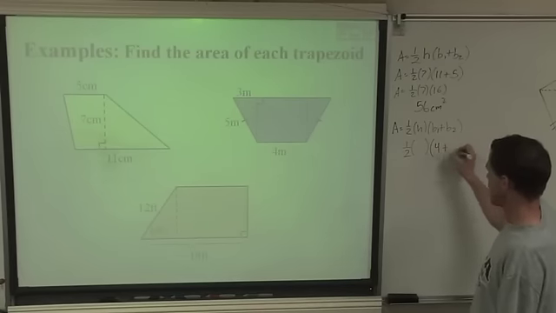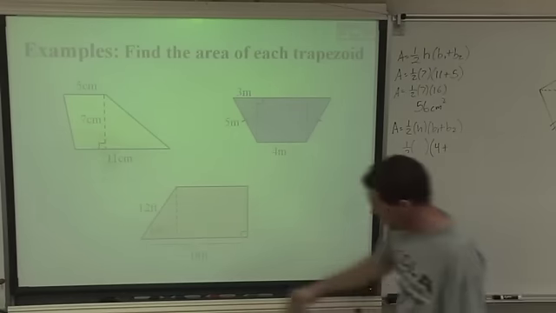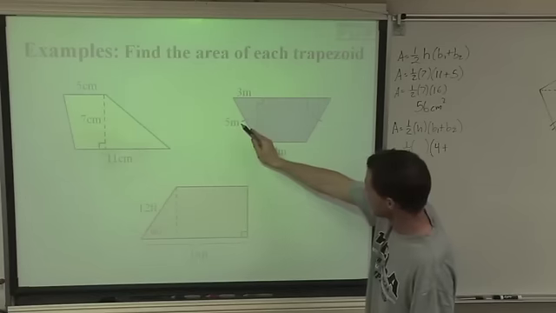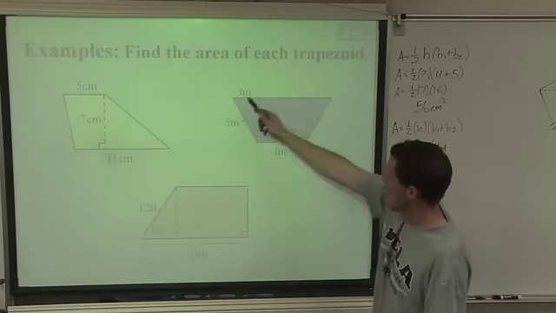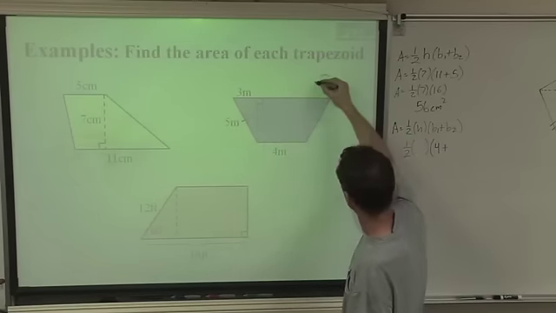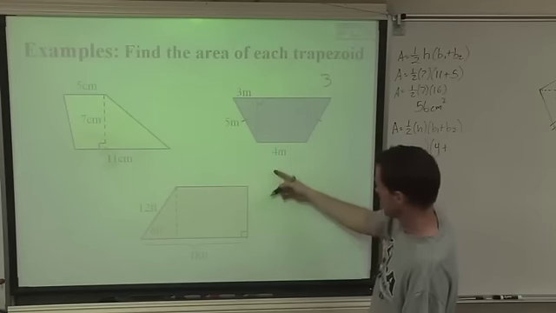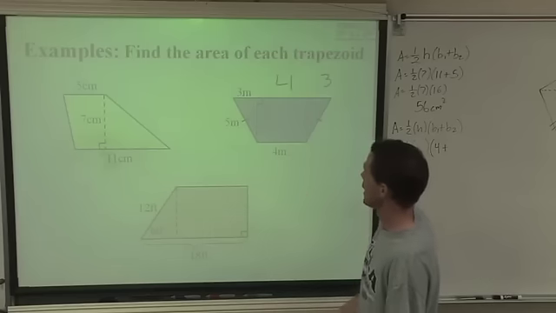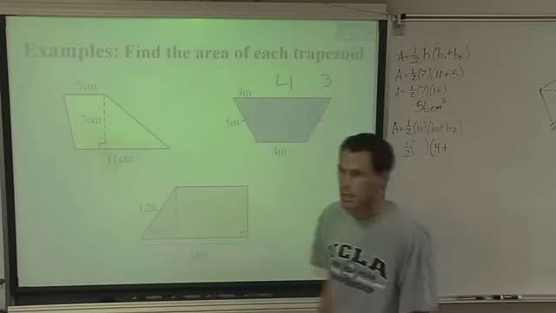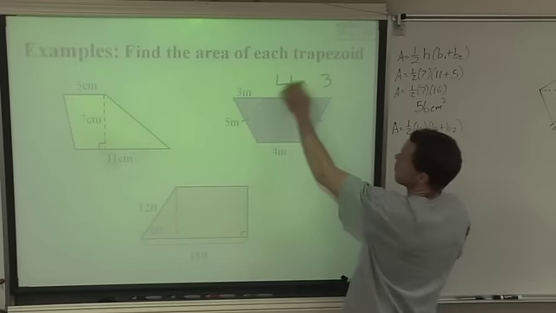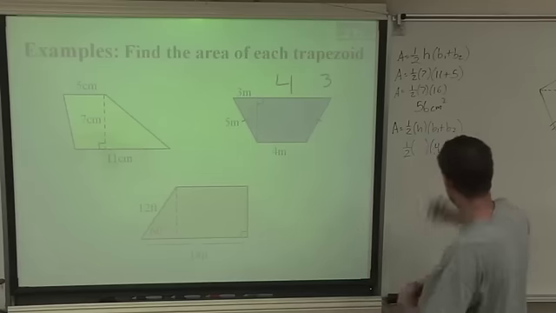And I don't really have a B2, except that I do know that this is isosceles, so if that's 3, there's probably a 3 over here as well. And this is 4, so there's a 4 right there. So now my base is 3 plus 4 plus 3, so 10.